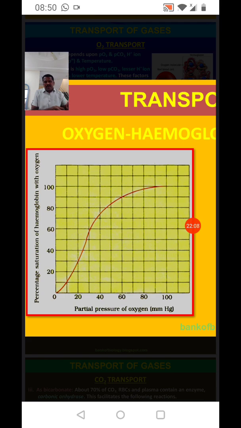The place where the partial pressure of carbon dioxide is high, temperature is high, and hydrogen ion concentration is high, there oxyhemoglobin dissociates. That means the oxygen hemoglobin dissociation curve moves from left to right.